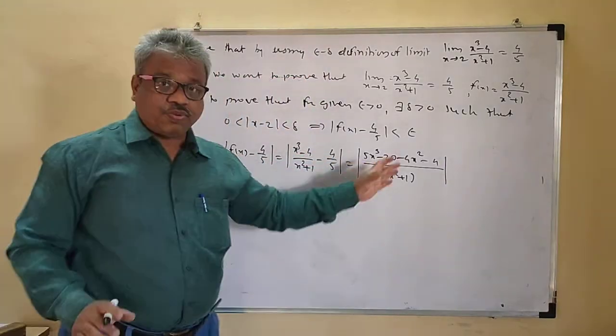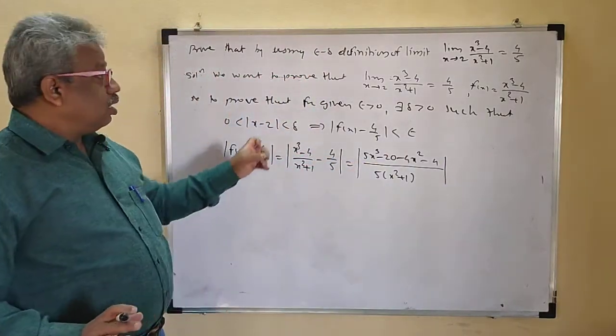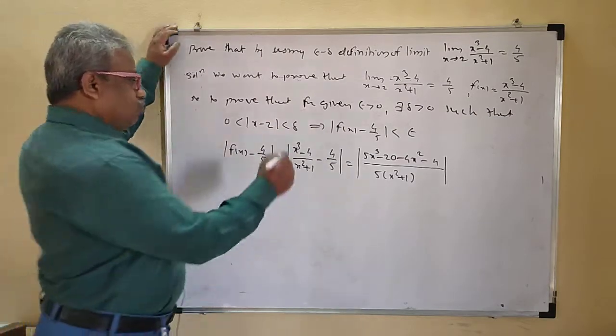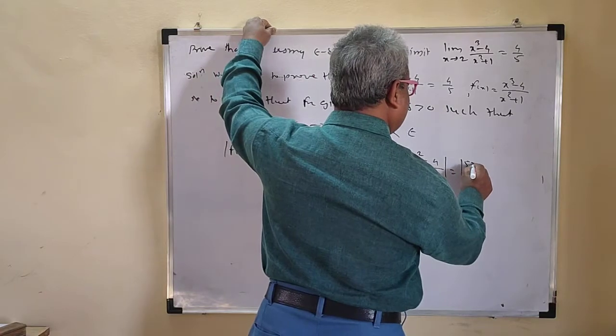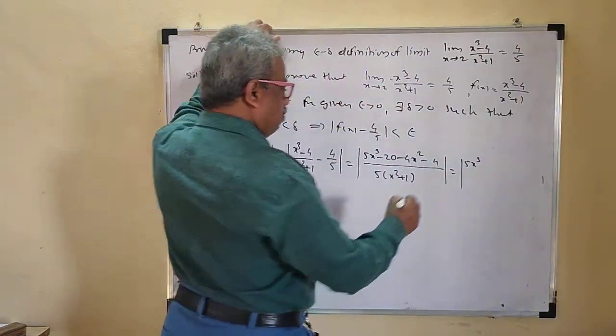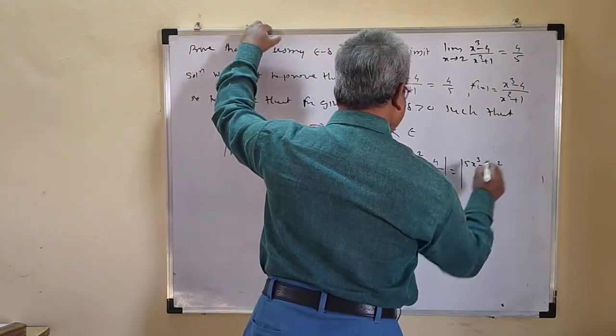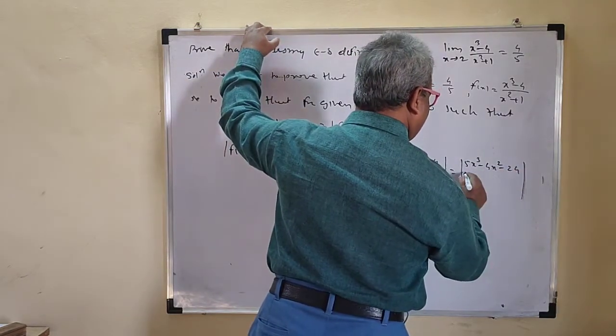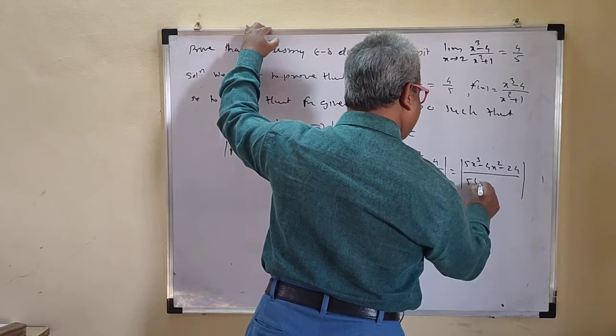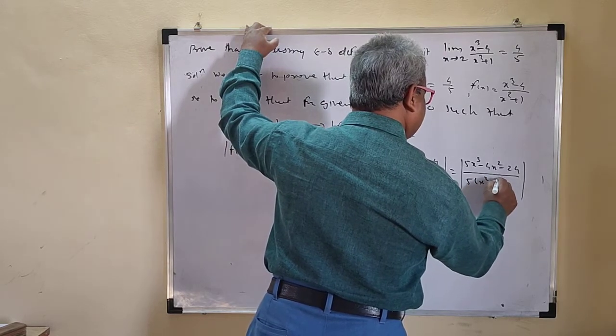Now here we want x minus 2. Okay, so we'll simplify this once again. This is 5x cube minus 4x square minus 24 upon 5 times x square plus 1.